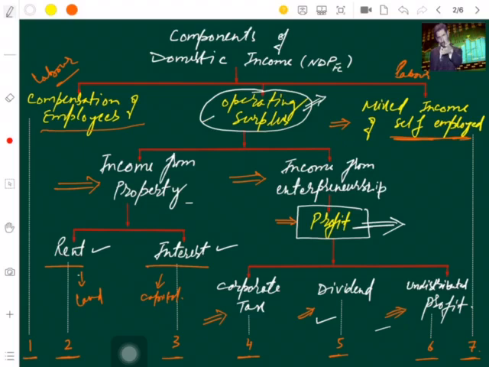Operating surplus is the father and these are all his sons. Now they have given the profit only there and nothing else is being found. So if your formula is asking for operating surplus, this profit is going to represent your operating surplus. You will take this profit as operating surplus.